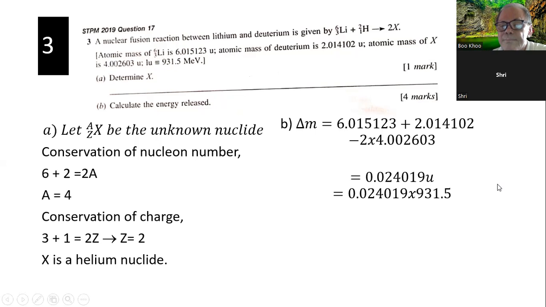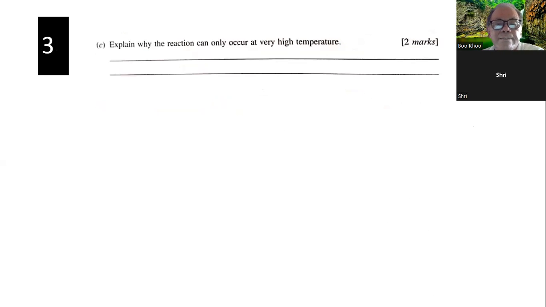Convert to energy, mega electron volt, that's all. Anything not clear? Anything you need me to explain further? These are all standard calculations that you need to know. Okay, if not, let's carry on to the next one.